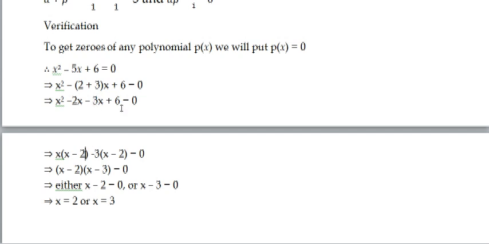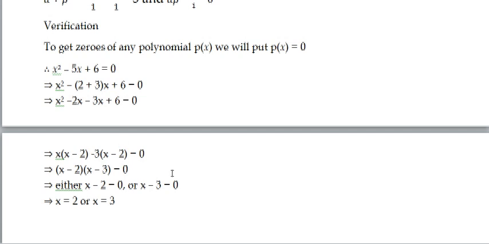Similarly from the next two I am taking minus 3 as common, so x remains, and from plus 6, since I am taking minus 3 common, one more minus is required, then it becomes positive 2, because minus 3 and minus 2 product gives plus 6.